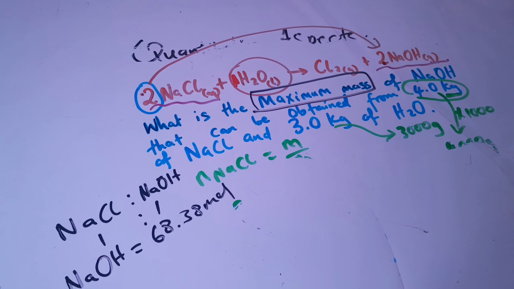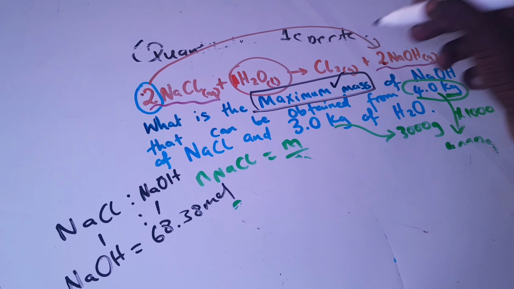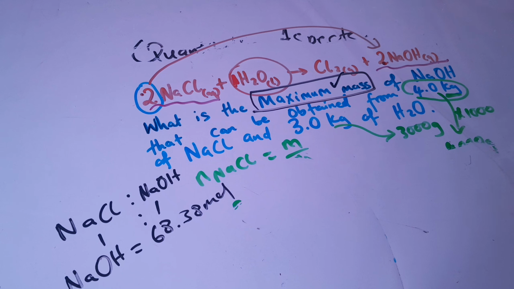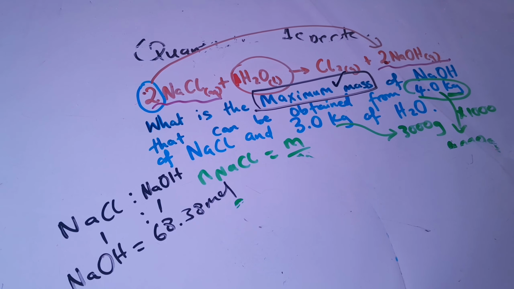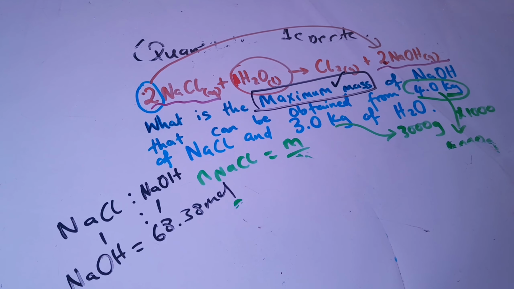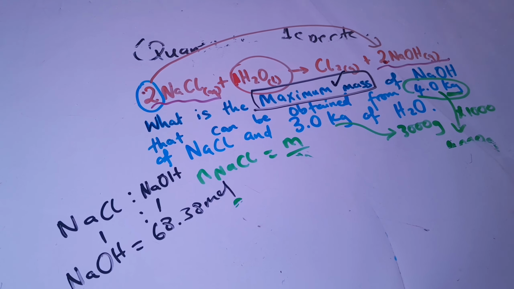Actually, no. The reason why they said the maximum is because now we are using theory to calculate, right? Sometimes theoretical values cannot be the same as the actual mass that you are going to get when you are doing the experiment practically, right?